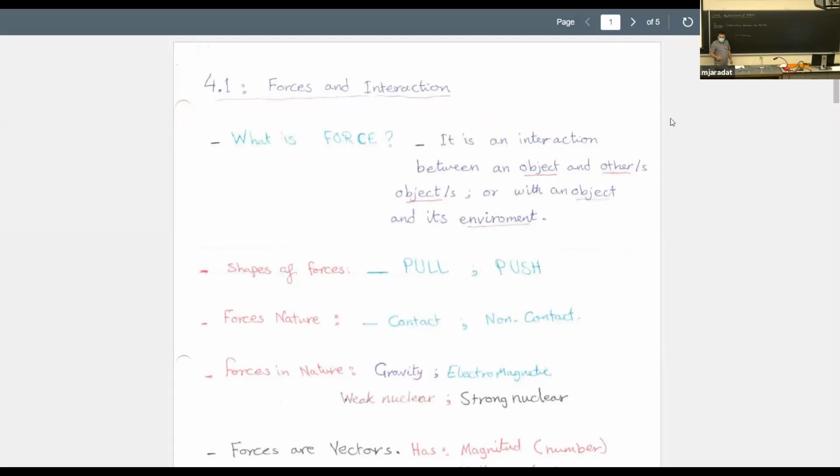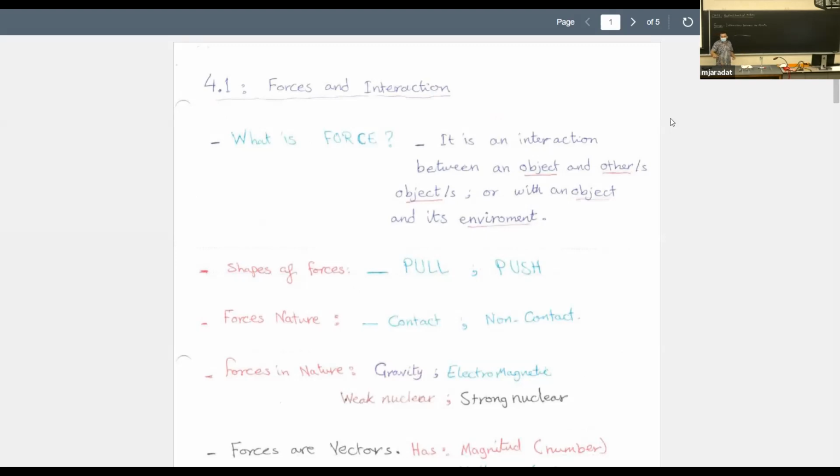Also, we have forces acting on bodies. When we need to move a body, we need to act on it. Some forces need contact between the actor and the body. These forces make interaction between bodies by contacting.